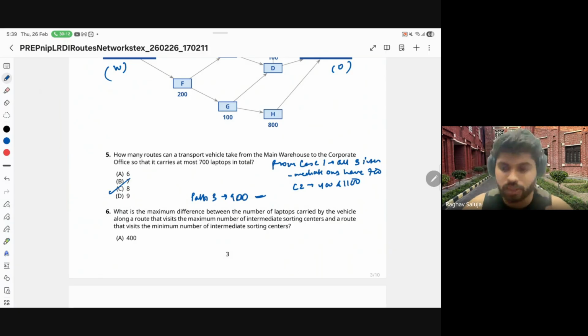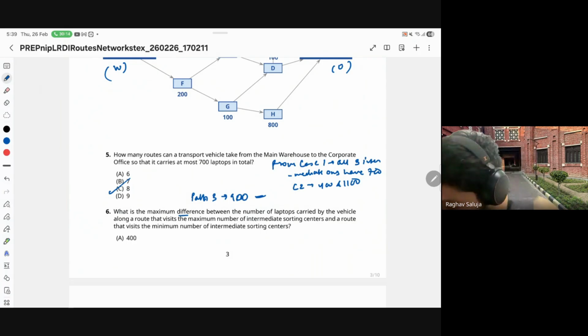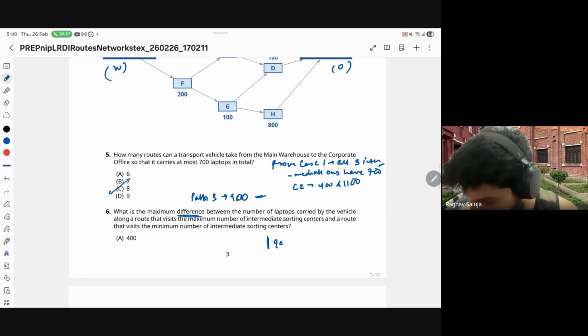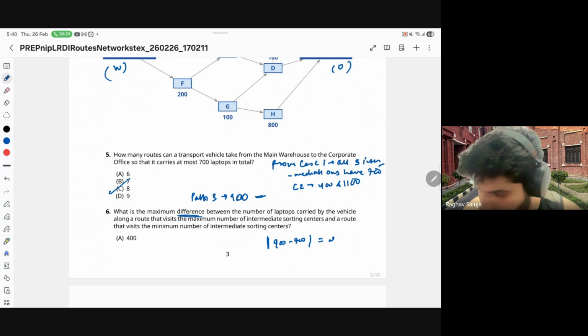So now let's do one thing. Now difference पूछा है आपसे, right? तो इसमें mod लगाओगे. Why? Because ये नहीं बोला कि वो कितने से बड़ा या छोटा है. We have to find the absolute value. So from first case, 900 minus 700 comes out to be 200.